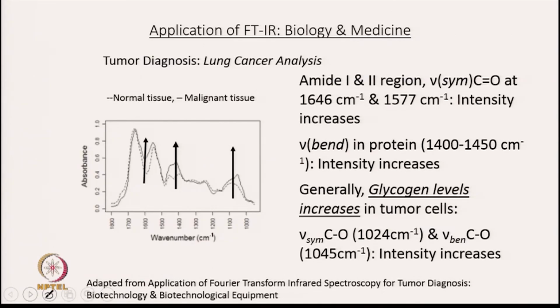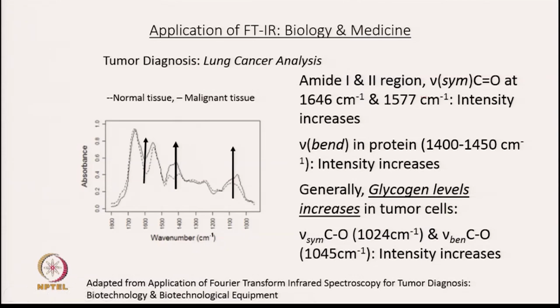Apart from these two cancers, we can also use FTIR to diagnose lung cancer, and here is the spectrum of both normal tissue taken from a normal person and malignant tissue taken from a cancer patient.